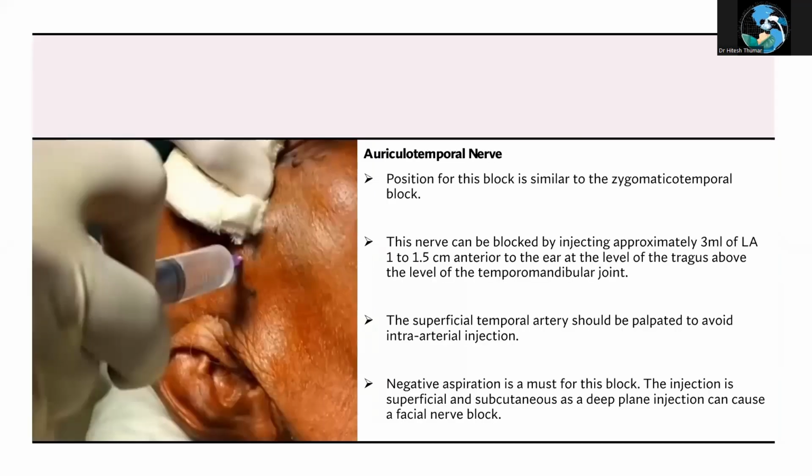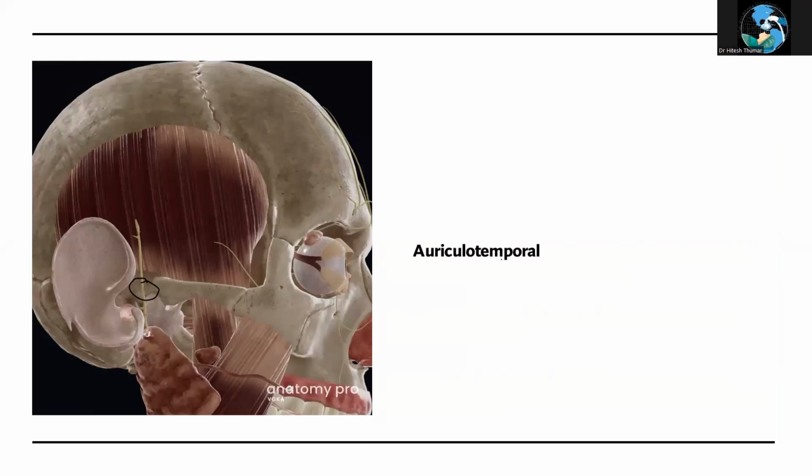So coming to the auriculotemporal nerve, the position of this block is similar to the zygomaticotemporal block. The easy process is to find the tragus from the anti-tragus.